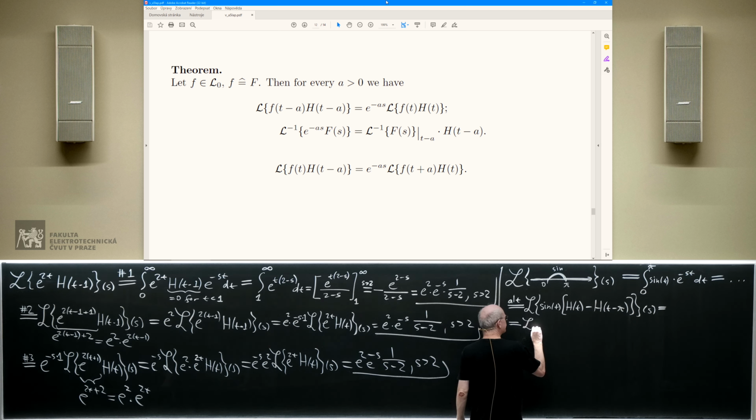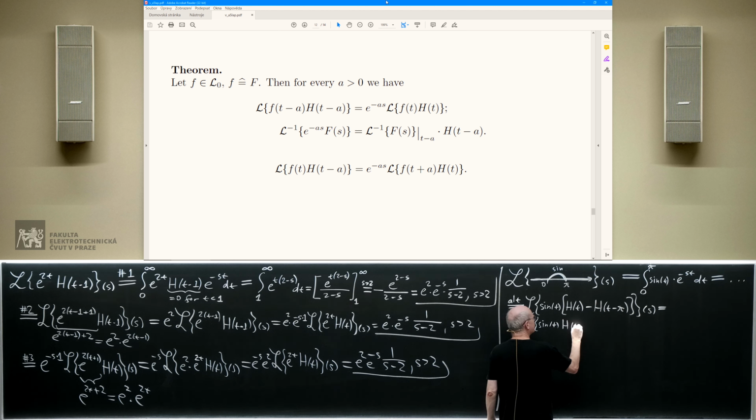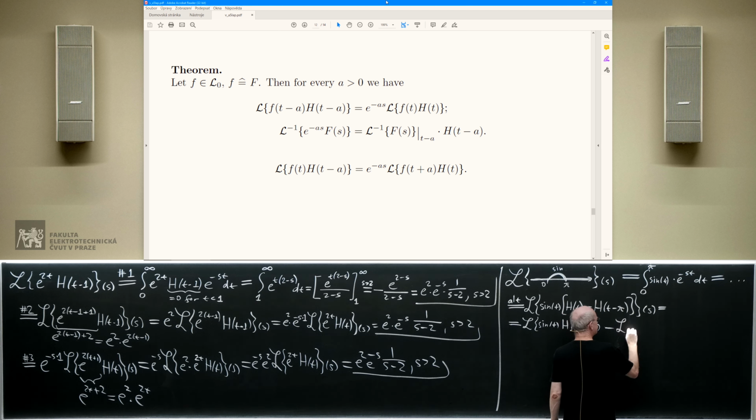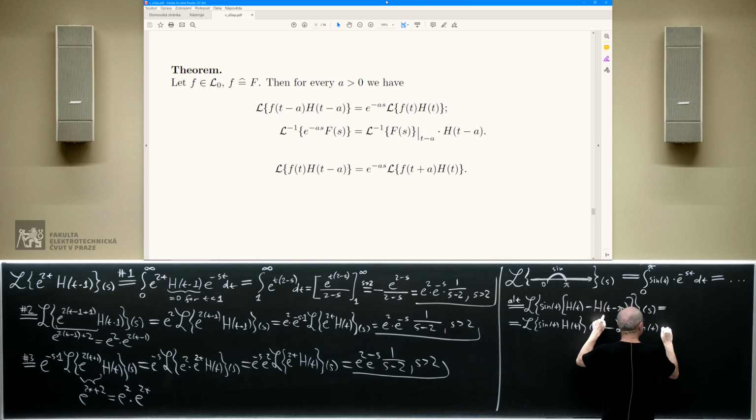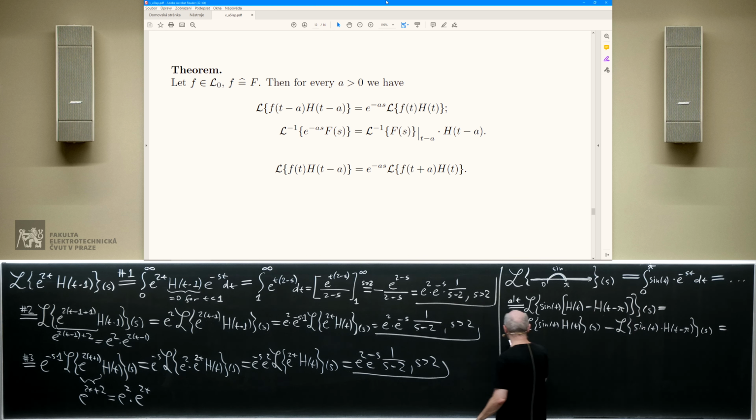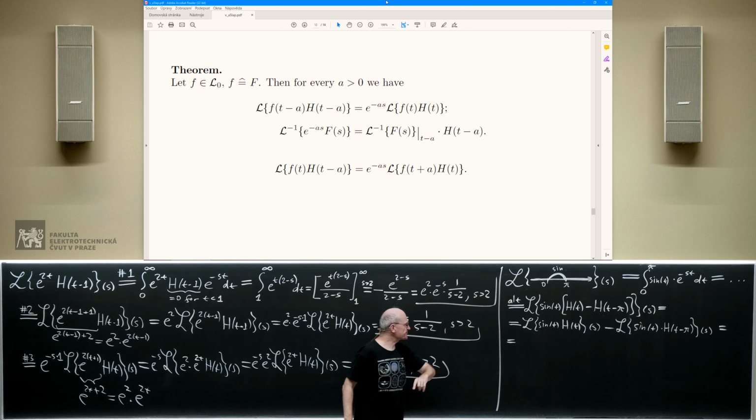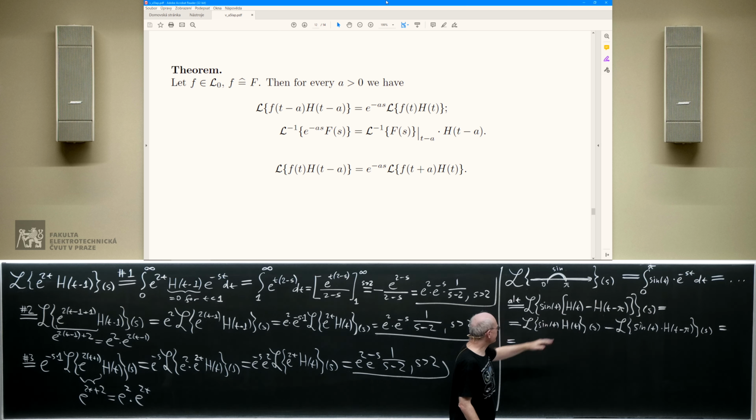So it will be Laplace transform of sine t, Heaviside function, at s, minus Laplace transform of sine t multiplied by the shifted Heaviside function at s. Okay. The first Laplace transform, I like that one because it's in my dictionary. We saw it previously in the previous lecture, and it's 1 over s squared plus 1.